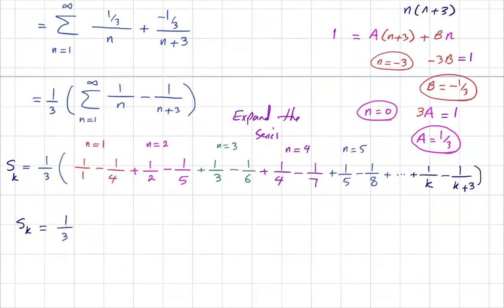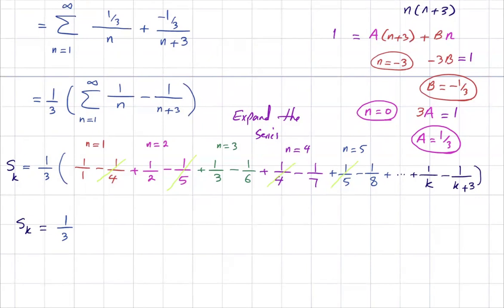But here I can cancel out some of the terms in between. Which ones, for example? Here you have, for example, 1 over 5, negative 1 over 5. Then you have 1 over 4, negative 1 over 4. And if you continue this process, you can see you can get rid of a lot of terms here, right?